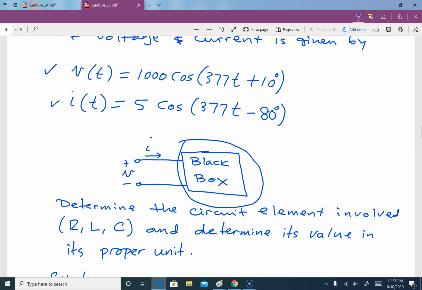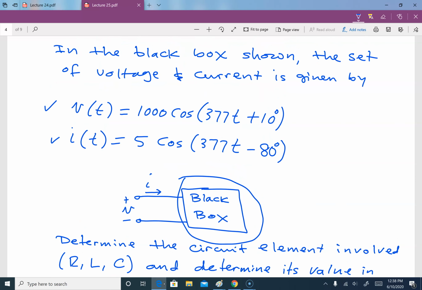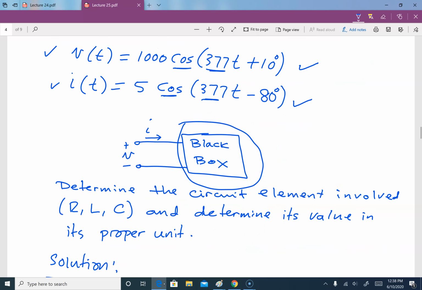If you look at these two time domain expressions, this is in cosine, this is in cosine. Since we are dealing with the same element, then for sure the angular frequencies are equal. So if you look at that here, the voltage leads the current, right?